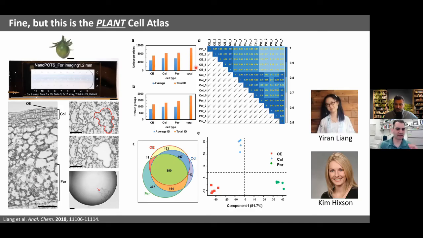we took some readily accessible tomato fruit and microdissected it, pulling out the outer epidermal tissue separated from parenchyma tissue, down to about 8 to 15 cells per isolated tissue region.